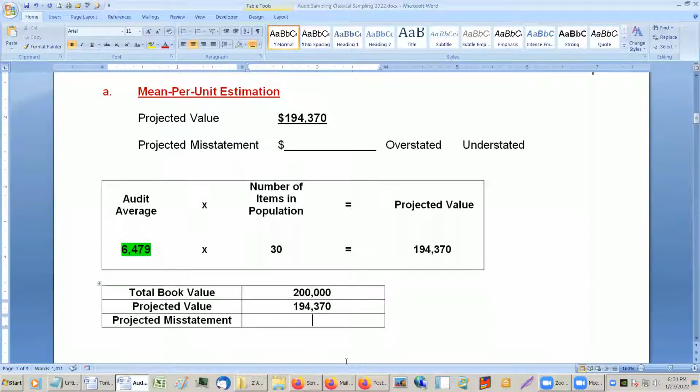So the misstatement would be, the question is how much is this thing off by? 5,630. So this would be a projected misstatement.